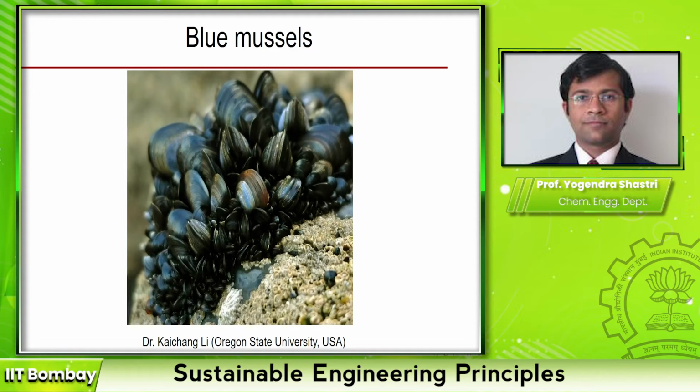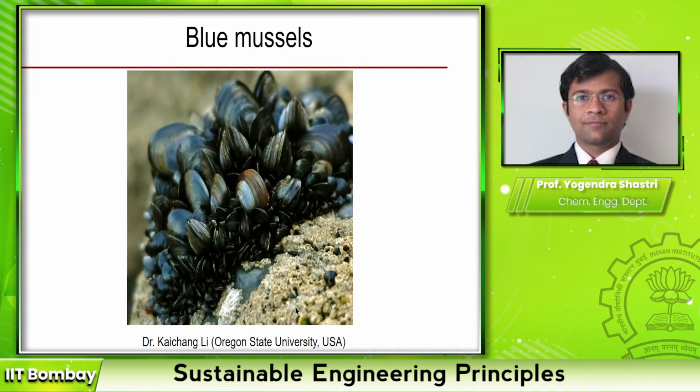And as he was walking, he saw these blue mussels that were sticking to the rocks along the shore. Now the feature of these blue mussels is that they stick to the rock very firmly. It's not very easy to remove them. What he thought was that if you look at the environment from a sticking standpoint, it's a very unfavorable environment, because you have a rough surface.